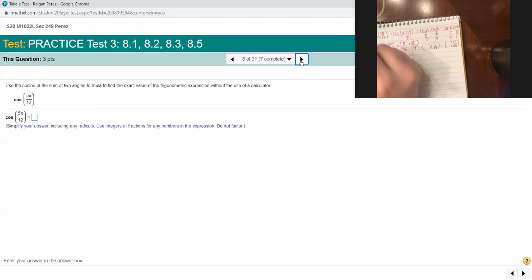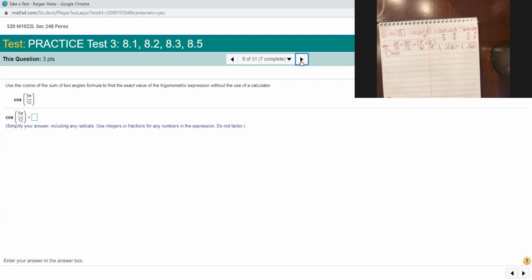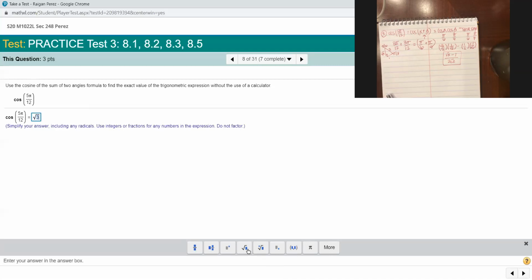And again, using your perfect triangle. Let me move it over so y'all can see. Okay, this one's square root of 3, 1 and 2. Cosine of pi/6 is square root of 3/2. Sine of pi/6 is 1/2. So I got 1 times square root of 3 is square root of 3, minus 1 times 1 is 1, over the denominator is 2, square root of 2. So that's our answer for that one. Square root of 3 minus 1.